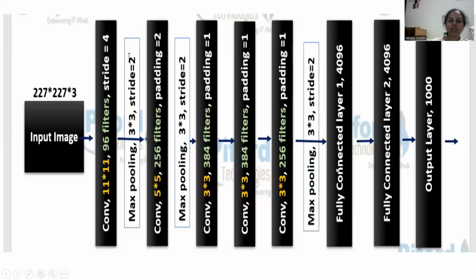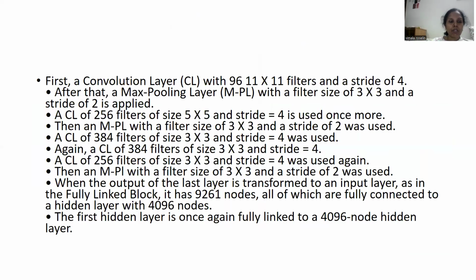There are two fully connected layers. In the first layer, the size is 4096, and in the other fully connected layer, the size is also 4096. After that, the image recognition result is sent to the output layer, and then it goes to the softmax layer for a particular image class.